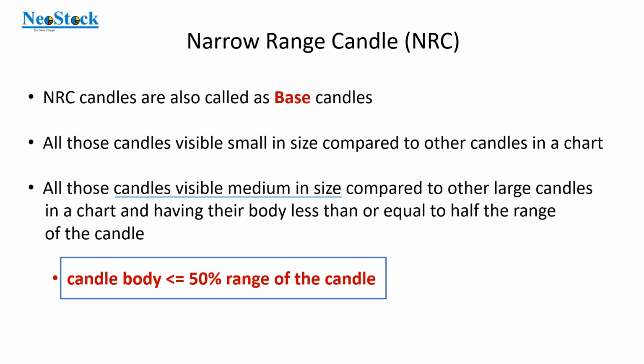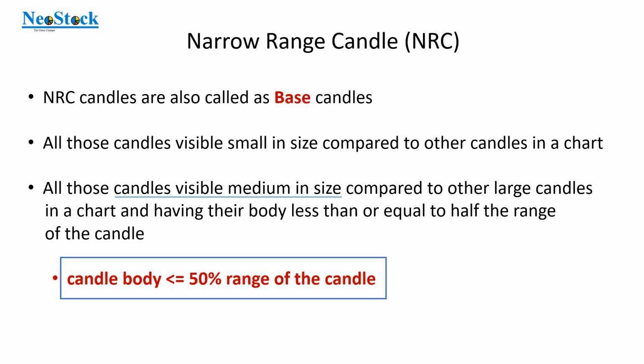But what is the next point telling? It is talking about the medium range candles. If you want to call a medium range candle a narrow range candle, this condition should be applied: the candle body should be less than or equal to 50% range of the candle.